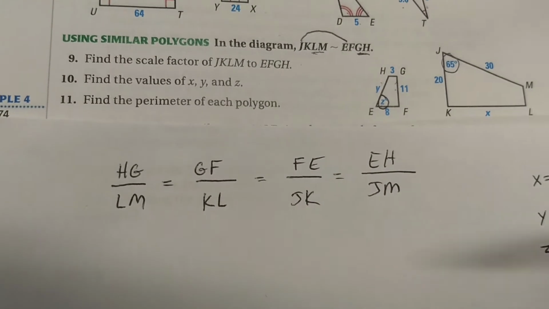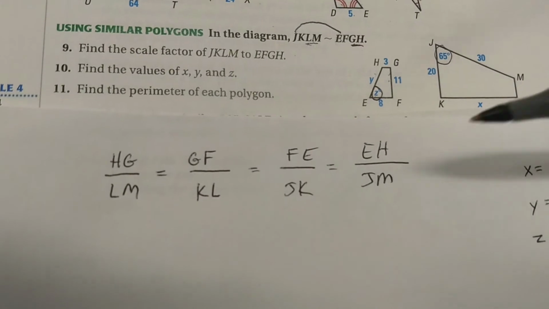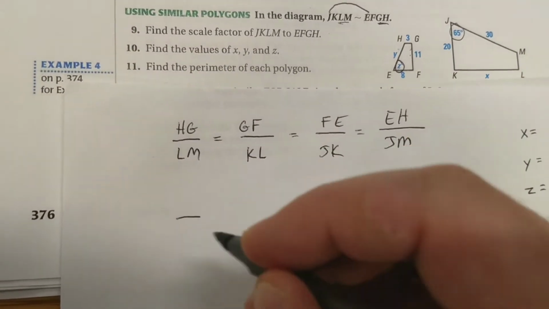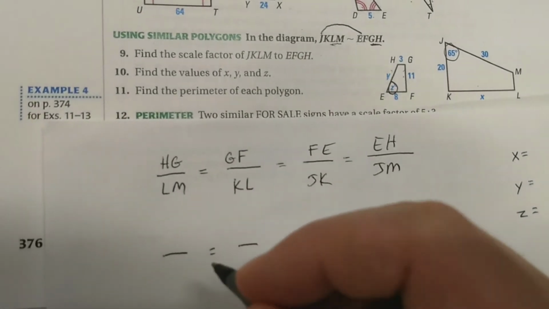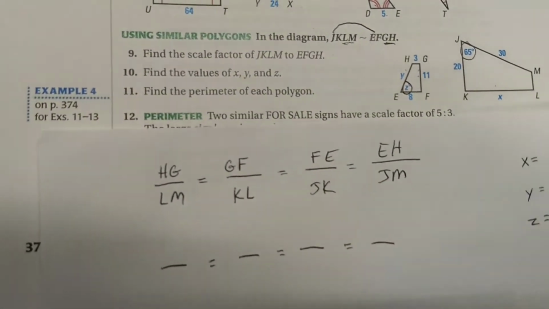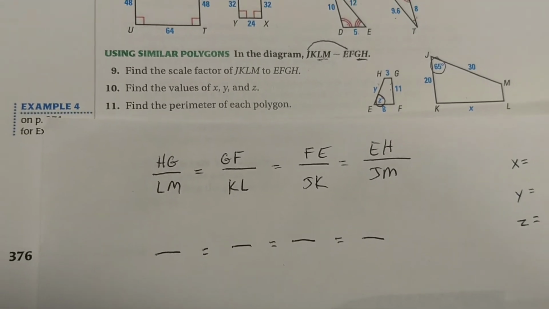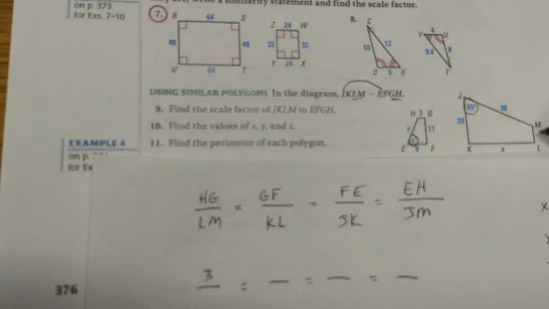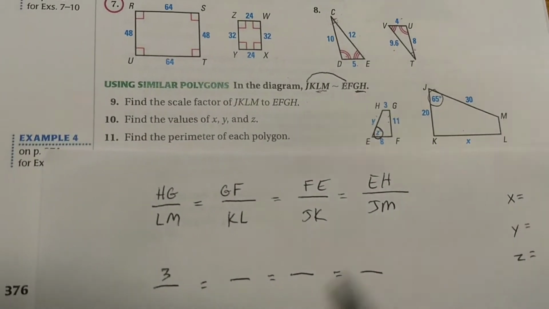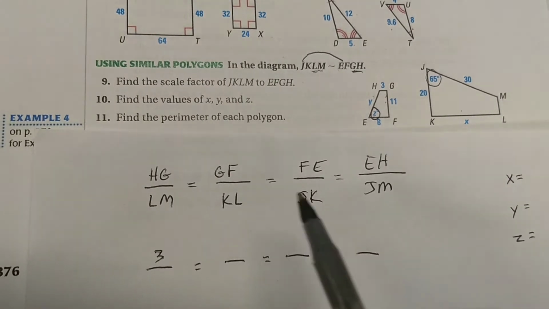Okay, so these are the scale factors, the ratios between the two figures. The only problem is I don't actually have any values with them. So I'm going to just rewrite that same thing. 4 different ratios. And we know these ratios have to be equal to one another, so we'll put a little equal sign in between. And let's just fill in what we know. Okay, HG is 3. LM, we don't really have anything there, not even a variable, so I can't put anything down here. Let's fill in GF, which is 11.